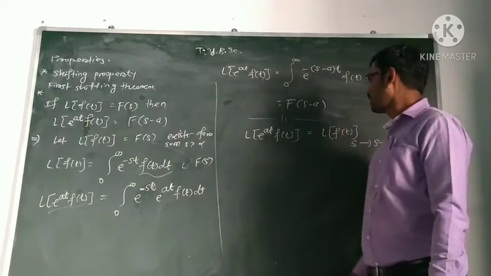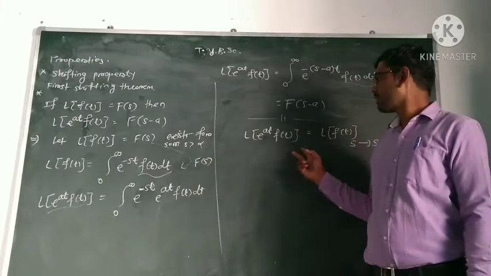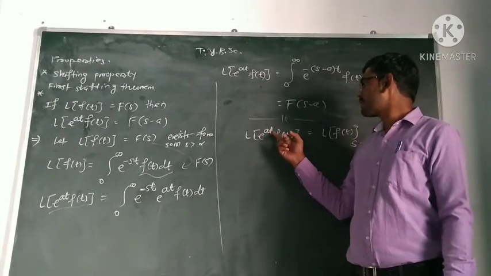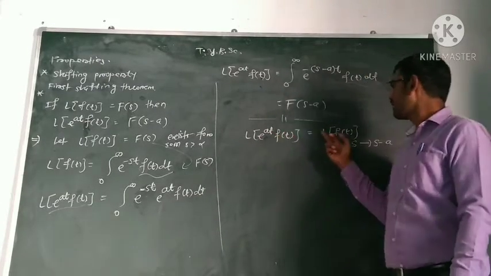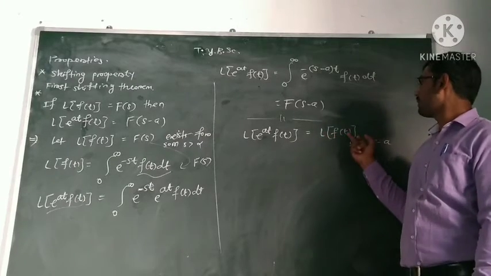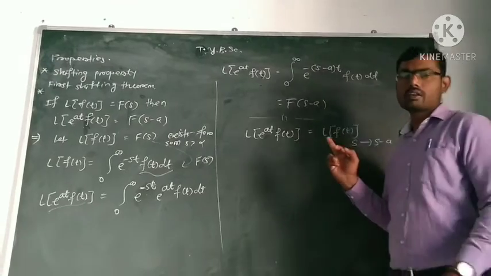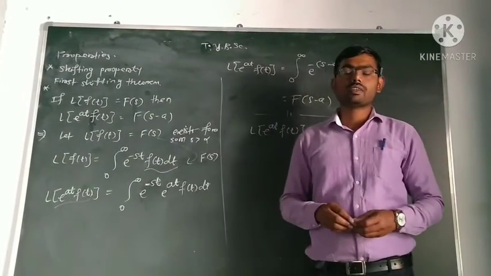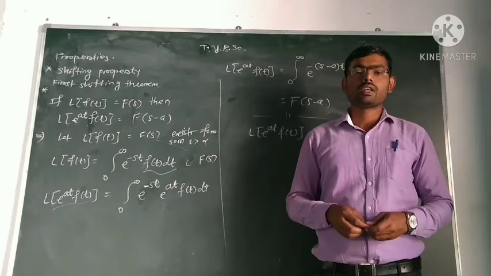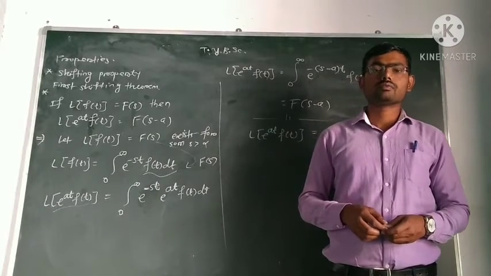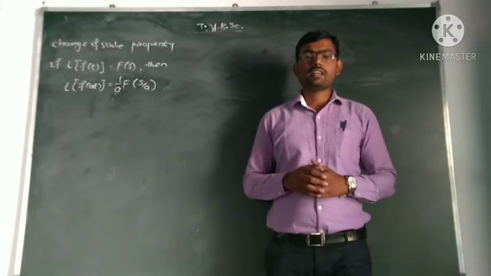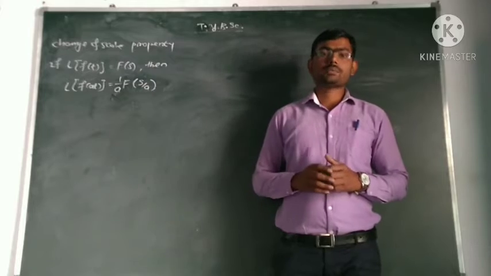Okay, we can use this concept: finding the Laplace transform of e raised to power at f of t is the same as finding the Laplace transform of f of t and just replacing s by s minus a. This is the first shifting theorem or shifting property of Laplace transformation. Okay, the next property is the change of scale property.